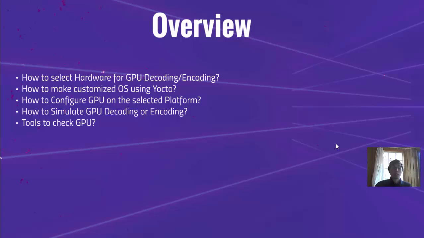As well, how to configure the GPU on the selected platform, how to simulate GPU decoding, encoding or transcoding on it, and some useful tools. It all depends on the platform, of course, but the tool I've chosen shows how you can check the GPU. You've probably seen it in my previous presentations, and this will be an additional tool that you can use.